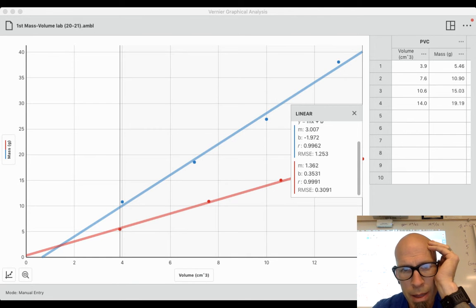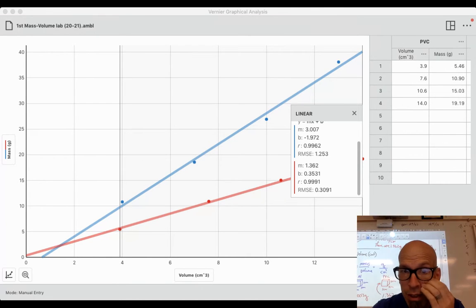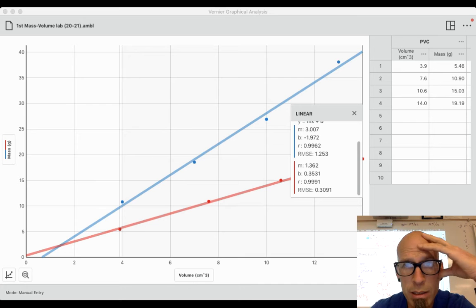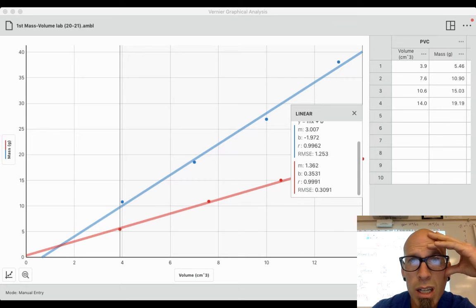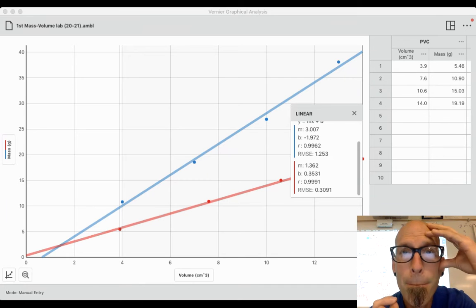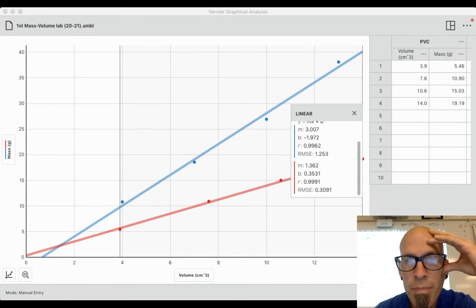Think about that. If you look at the numbers here, there's more than twice the mass, according to my data, in this block of aluminum than there is in this block of PVC, which means there's more than twice the particles. There's more particles here than there are here, which means they have to be what?